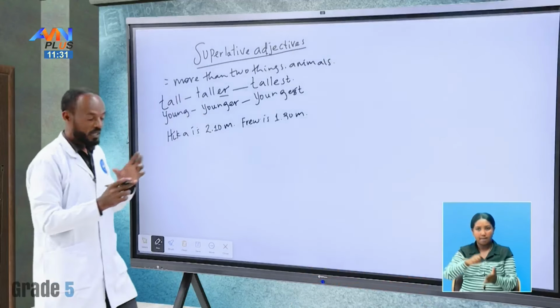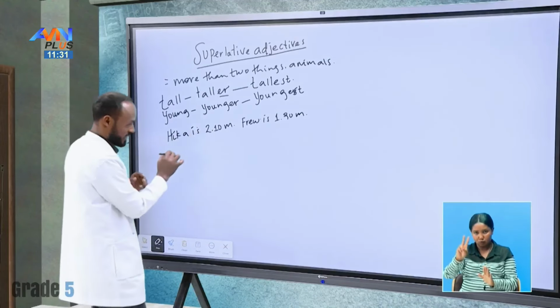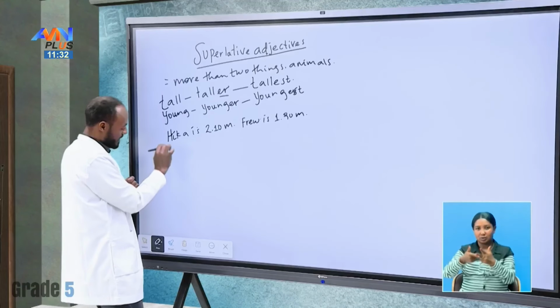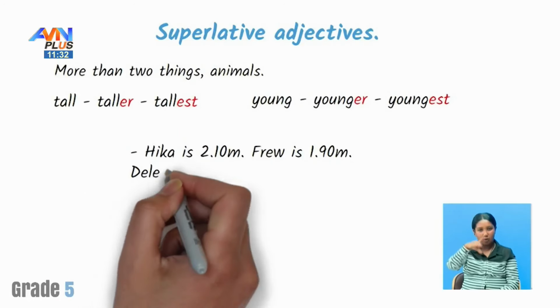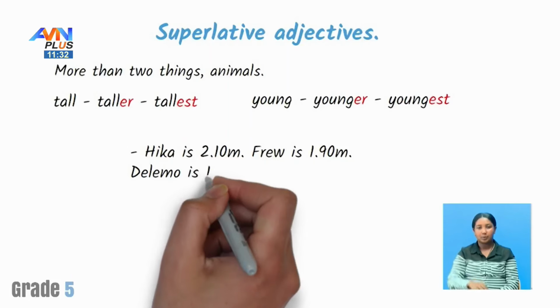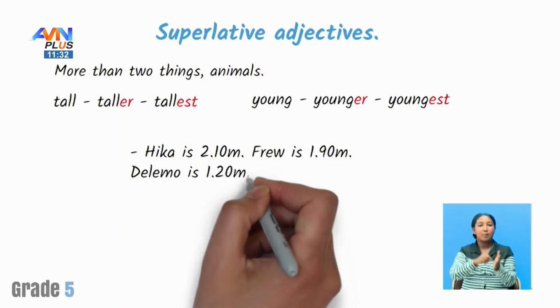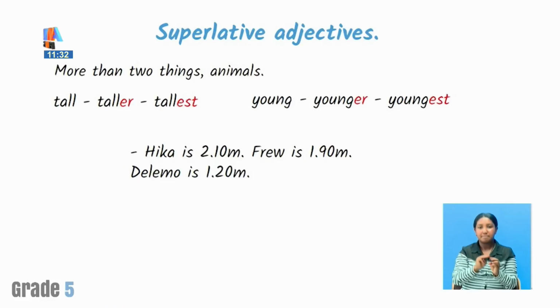There are two. Let's say something about another person here. And Delemo is 1.20 meter. Now we are comparing three persons.